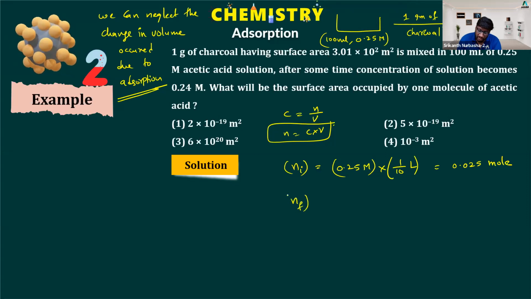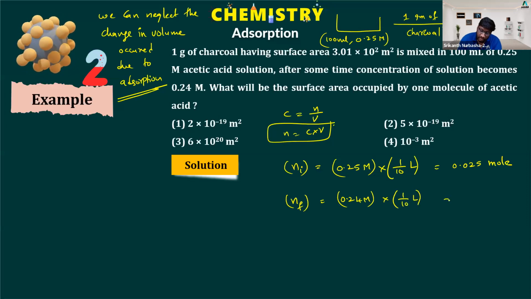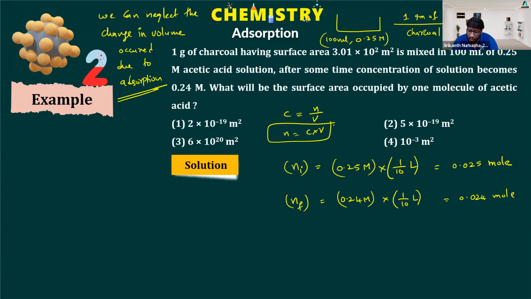Number of moles finally is 0.24 molar into 1 by 10 liter. That will be 0.024 mole. So initially we have 0.025 mole of acetic acid, based on concentration we have found out. Afterwards we have 0.024 mole. So this change happened. That means the number of moles adsorbed is initial number of moles minus final number of moles.